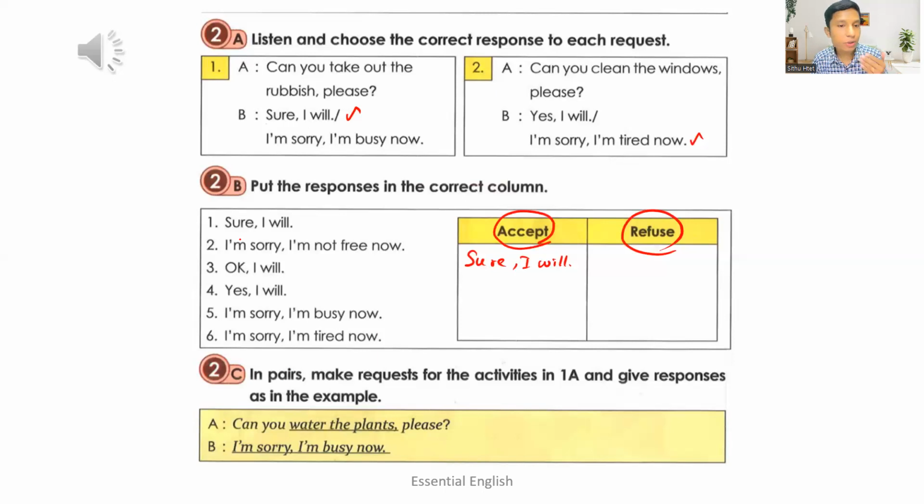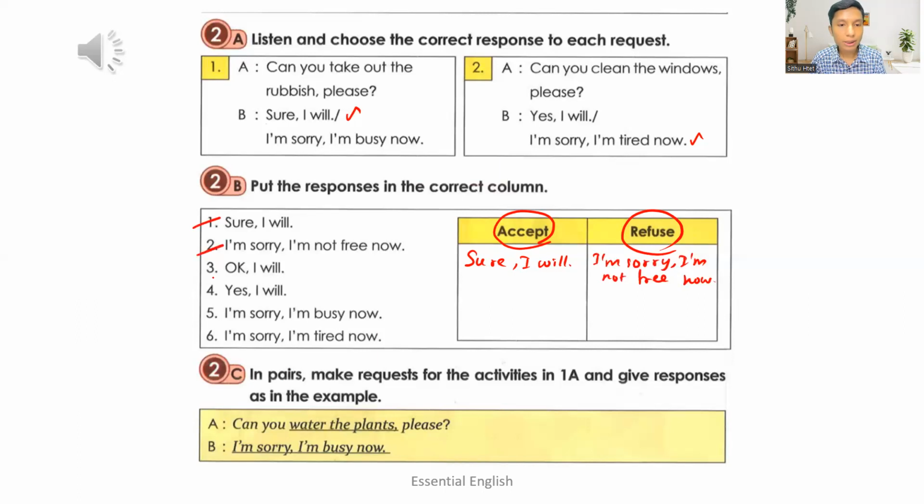So when you accept to do something, do you usually respond to the request like this? No. I'm sorry, I'm not free now. You use the response to refuse something or to refuse to do something. So you have to write the response in the column for refuse. I'm sorry, I'm not free now. Good.